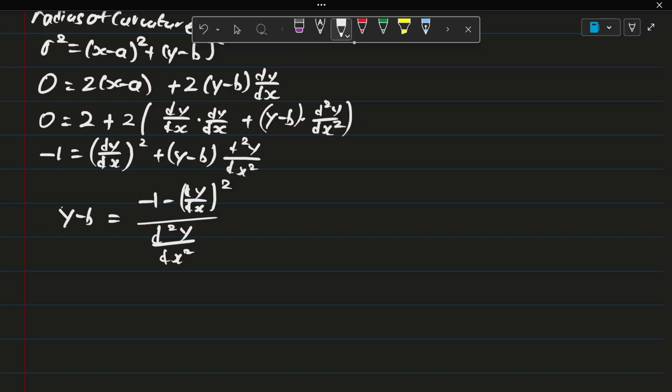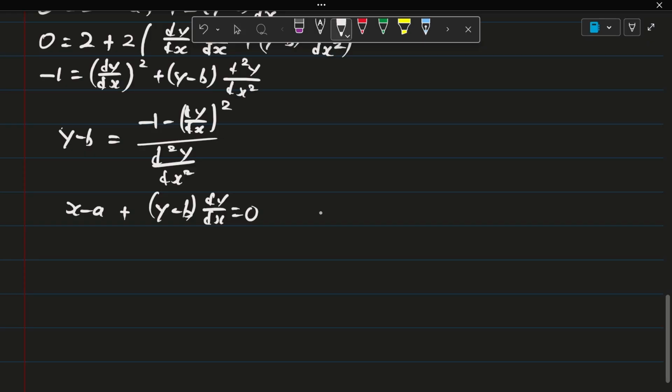That means you could also figure out what is your x minus a, because we have this other equation here, which is the first derivative of your circle. So let's put it in. What you could get is that your x minus a, plus your y minus b times dy over dx, equals 0.